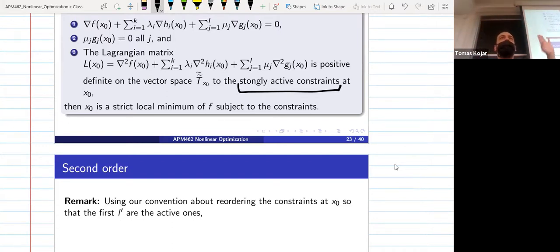They don't exist. Forget about them. You check the conditions only for the active ones. It turns out that you can even do better. You can even ignore some of the active ones and only check what is called strongly active. Let me explain what that means.